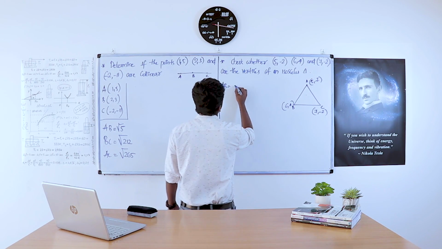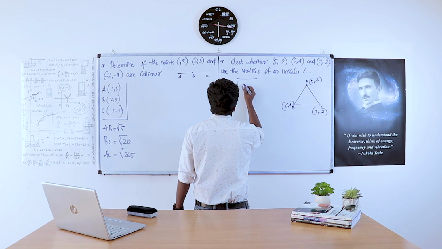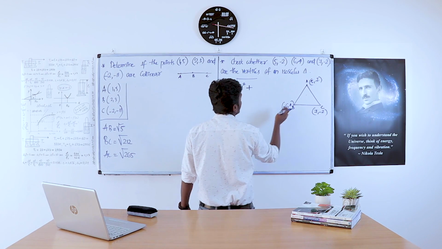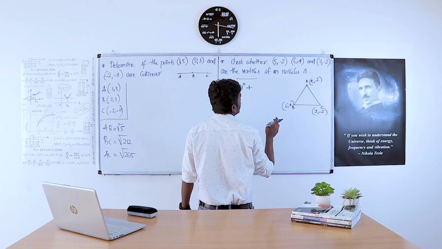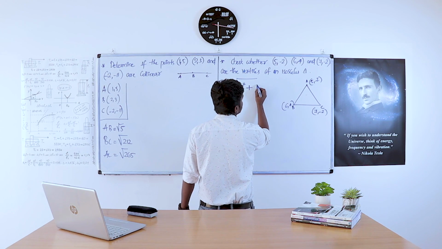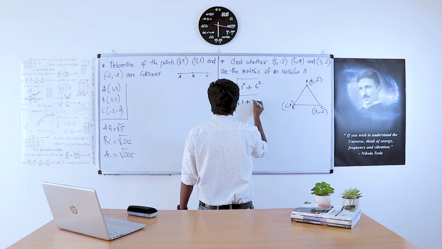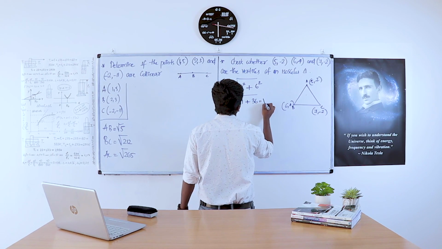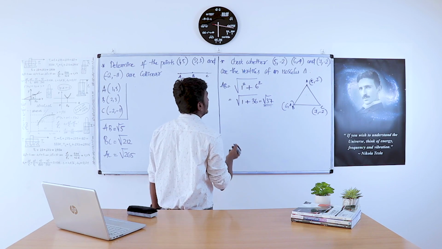AB is equal to root of (x2 minus x1), that is (6 minus 5) which is 1, square, plus (y2 minus y1) the whole square, (4 minus minus 2). What is 4 minus minus 2? It is 6, 6 square. That is equal to root of 1 square, 1, plus 6 square, 36, that is equal to root 37. So AB is root 37.